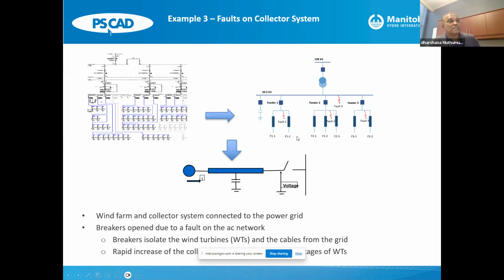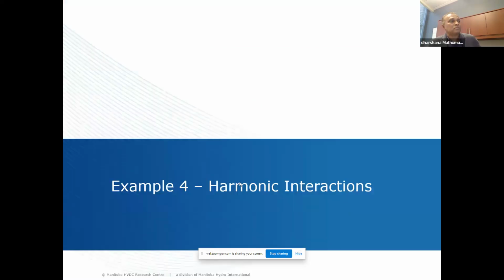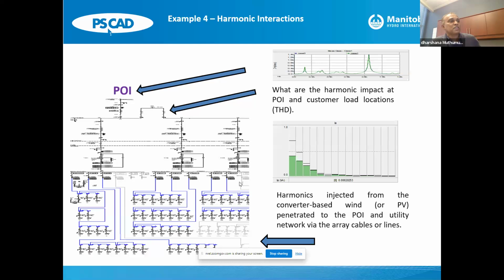If a feeder that connects a number of wind turbine strings, would there be significant overvoltages that could harm the collector design, collector system equipment, as well as sometimes the transformers belonging to the transmission system owner? So these are referred to as temporary overvoltage due to feeder tripping. Again, you can't study this in anything but EMT.